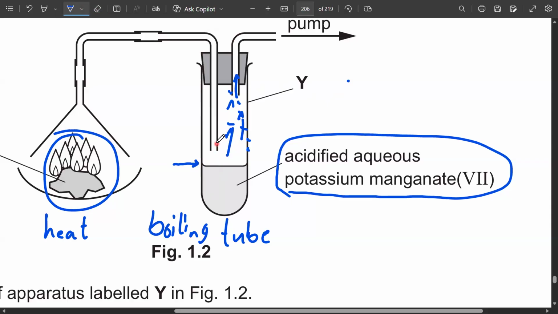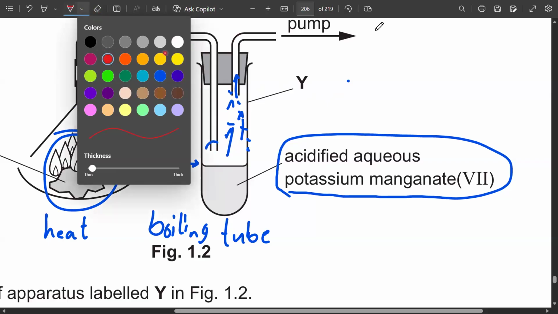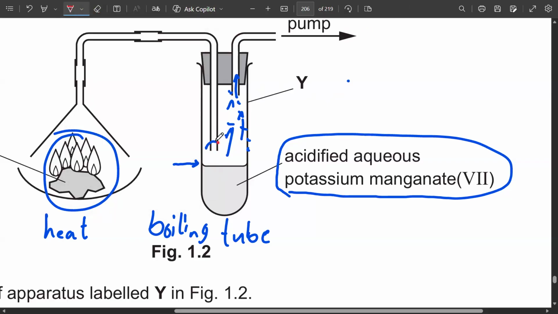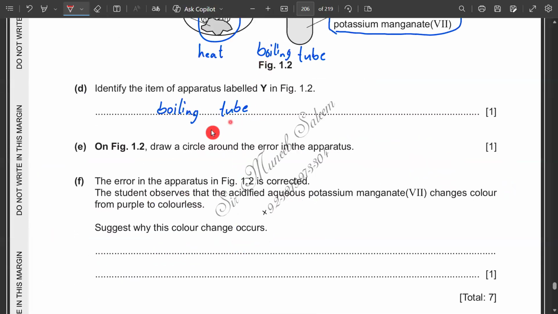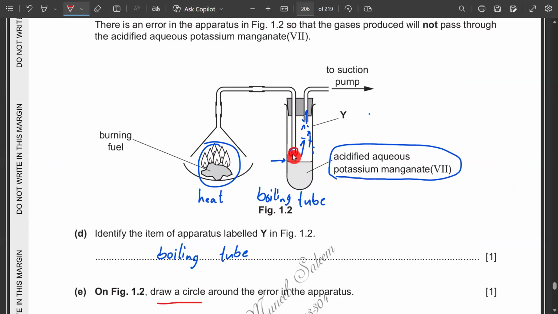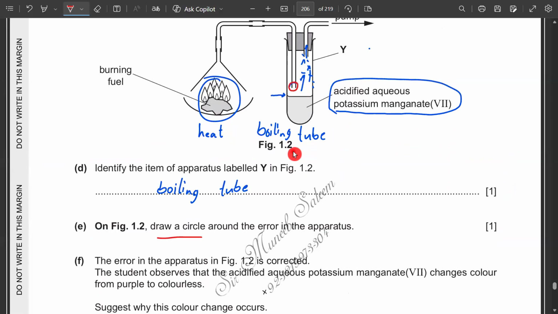So we can say this is the error. We represent the error by encircling it. So this is the error, that it is not in contact with the level of the liquid. We are supposed to draw a circle. So we have pointed out clearly and correctly where the error is.